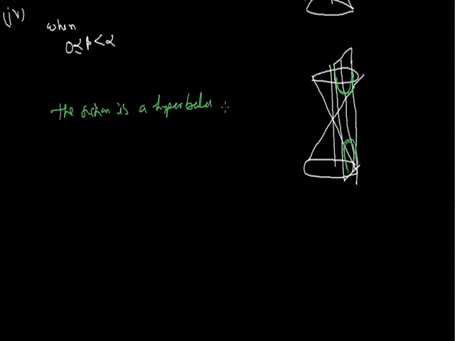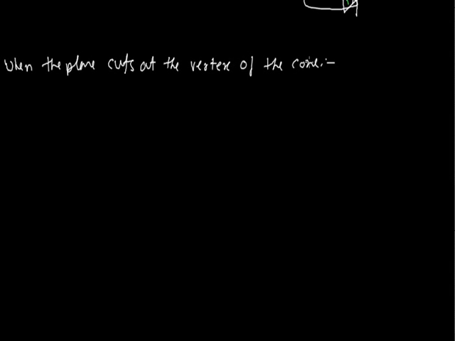Now one more situation. In this, the plane cuts the double napped hollow right circular cone at the vertex. The first situation is when alpha is less than beta and beta is less than or equal to 90, which means beta is between alpha and 90.